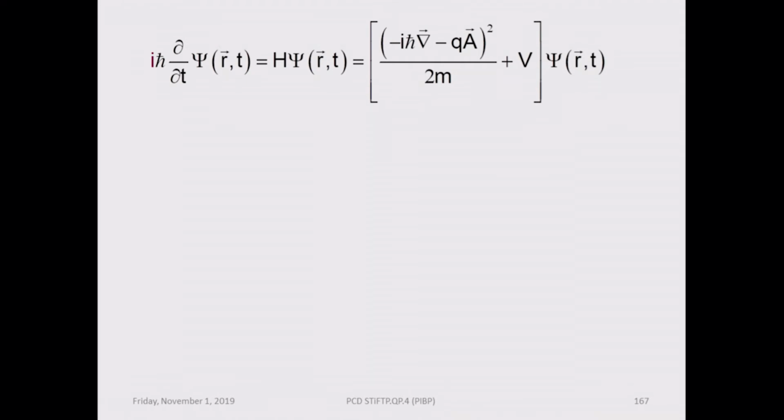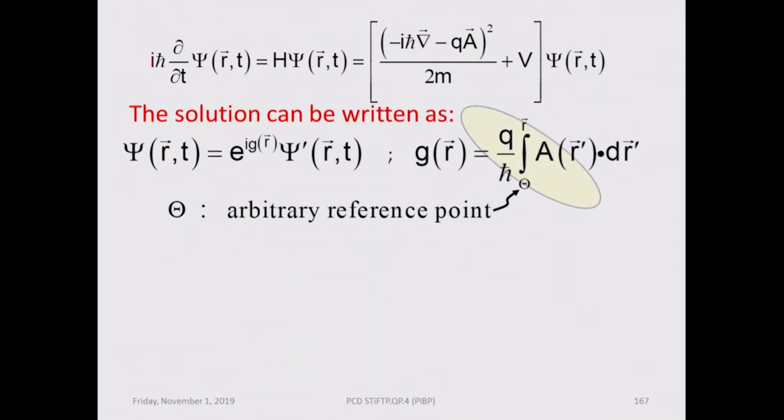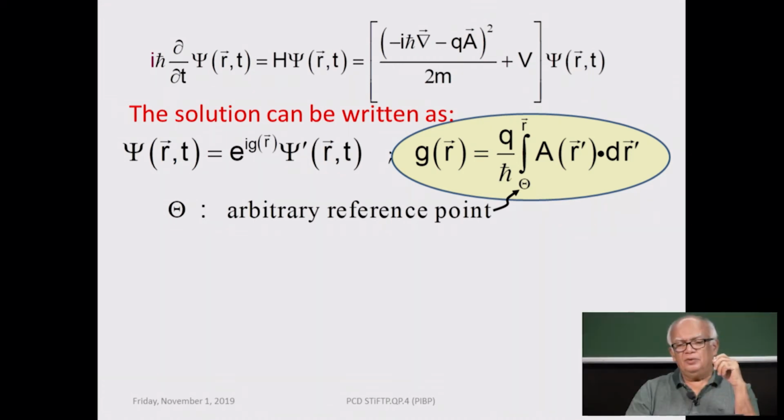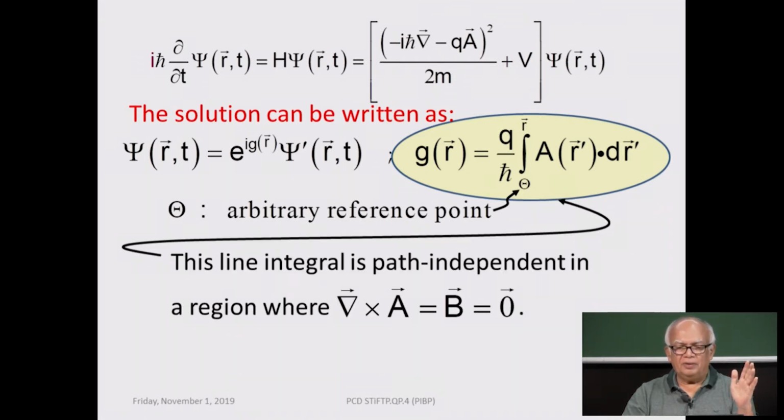So, this is the Schrodinger equation that we have, and we have learnt already that you can write this as the integral of A dot dr. I think I should have had a vector sign on top of A, which I missed out. Okay. So, A is the vector potential here. And this integral will be path independent in whatever region the curl of A is also 0.